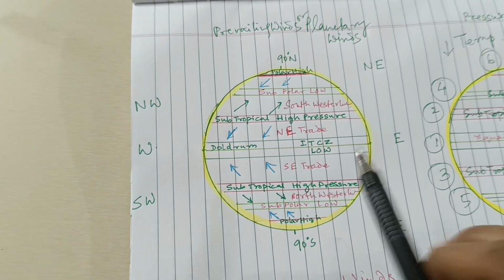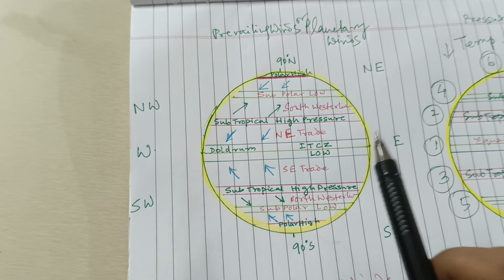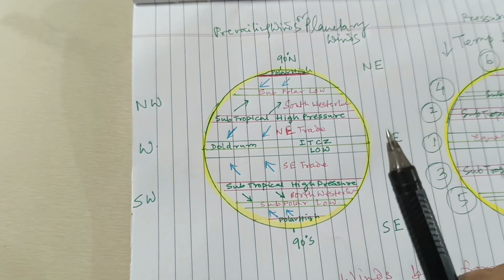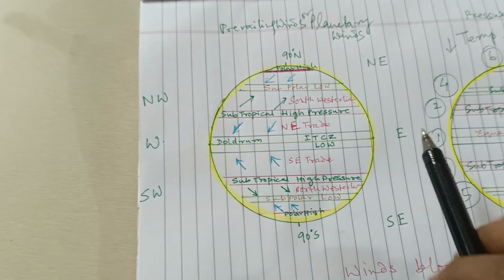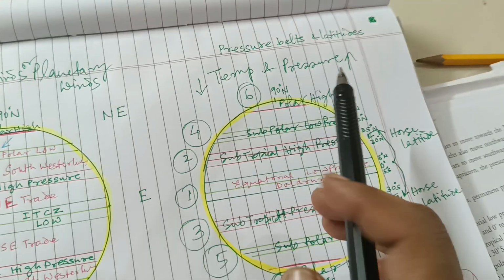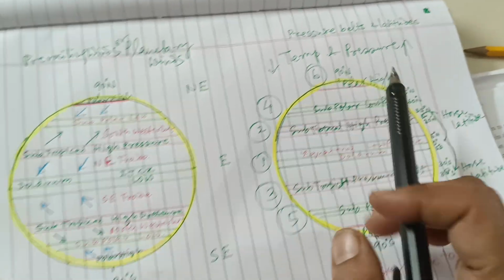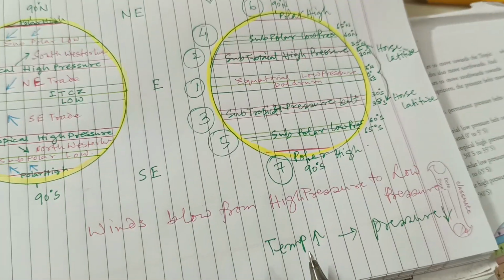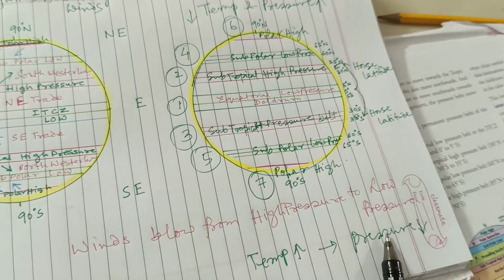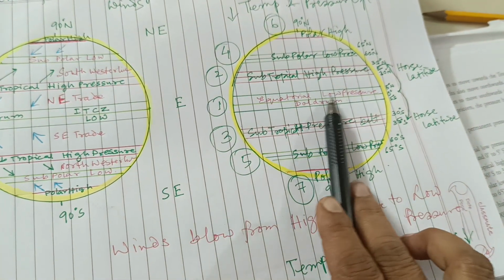And definitely there is a relationship between the wind and pressure and temperature. First, we got low temperature, high pressure, and high temperature, low pressure. That is why we can see in the equatorial region low pressure is created.